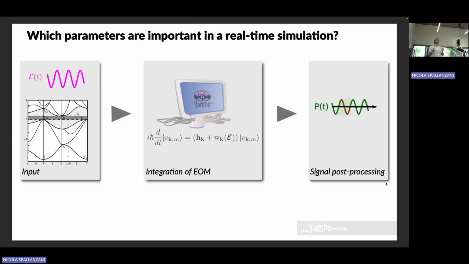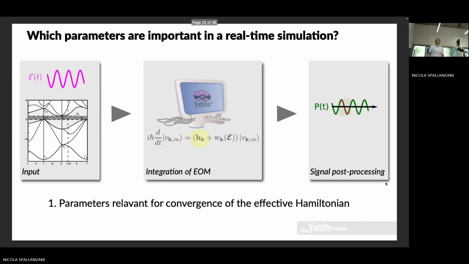Finally, which is also related to our tutorial today, are the parameters that are important in a real-time simulation. First, the parameters for the effective Hamiltonian will be the same as you have seen yesterday and the day before.